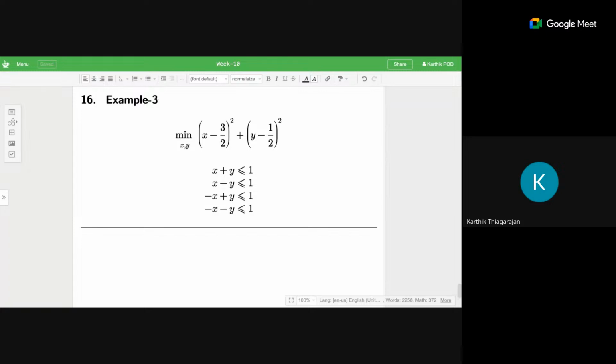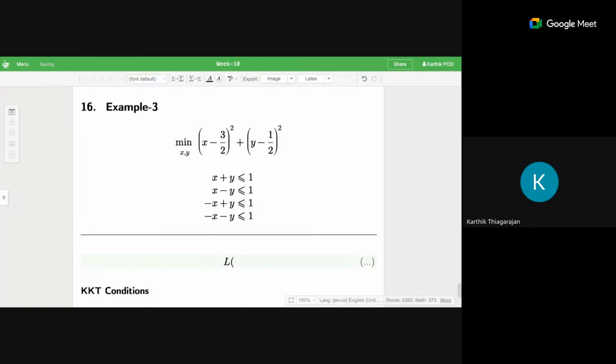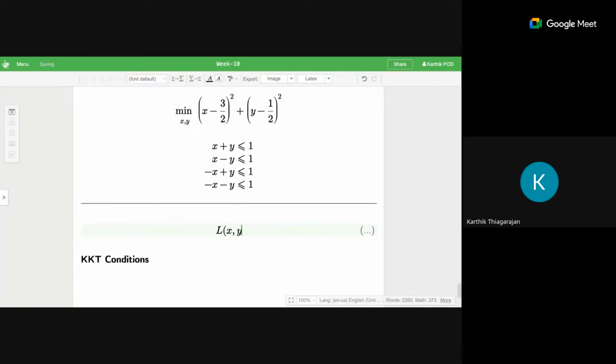So what are we doing here? We'll do the KKT first. First the Lagrangian, in x, y, lambda.